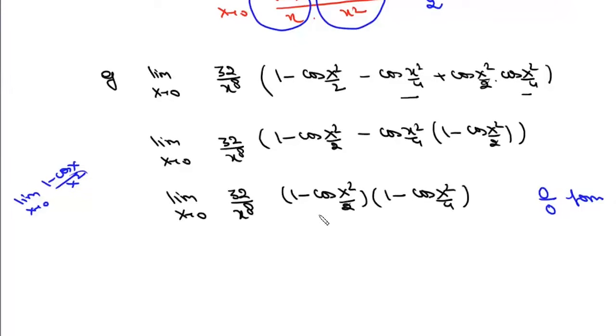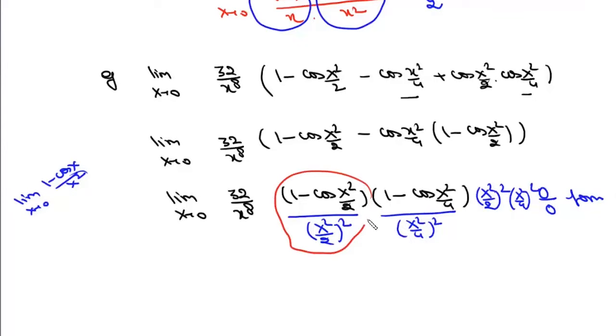So we should have f(x) square. So what we'll do is we'll multiply and divide everything with x square by 2 whole square, and here we'll multiply and divide with x square upon 4 whole square. Now this is standard limit 1 by 2. This is also standard limit 1 by 2.